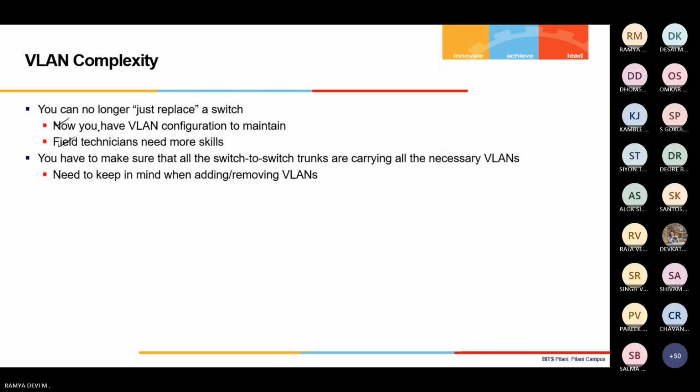Even when adding a VLAN, that has to be propagated to all the relevant switches that are connected. The trunk ports must also be updated so that the new VLAN can be seen by the other switches as well.